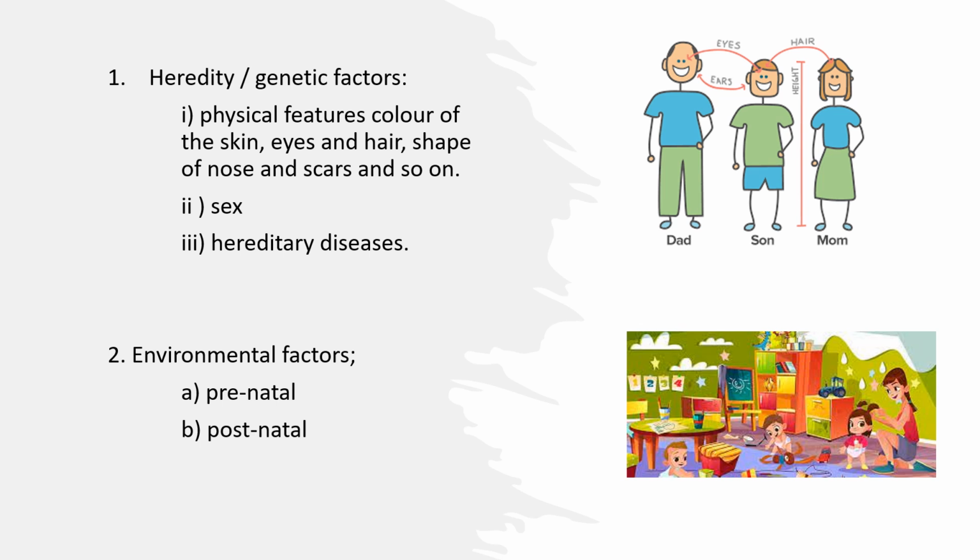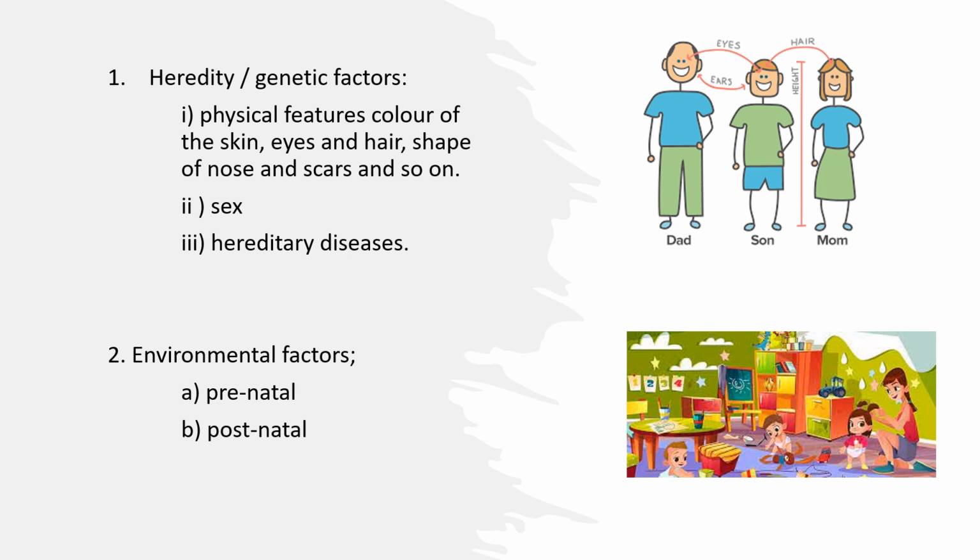And then in some cases, there can be hereditary diseases, like cancer or heart attack. It is not always necessary to be hereditary, but still there are so many diseases which are transferred as hereditary diseases. Then the second factor, the environmental factor.